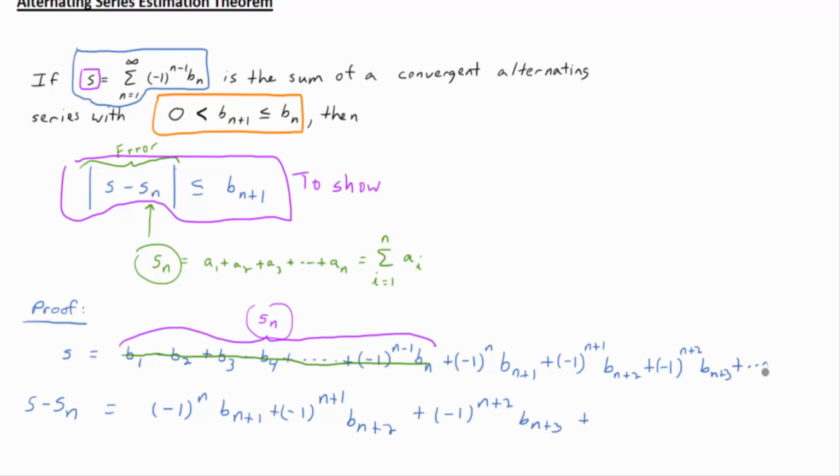Even though it's not written over here, it's in the dot, dot, dot. Negative 1 to the n plus 3, what's the subscript on the b? n plus 4, and then plus negative 1 to the n plus 4, bn plus 5, and then I'll put the plus dot dot dot back in there.